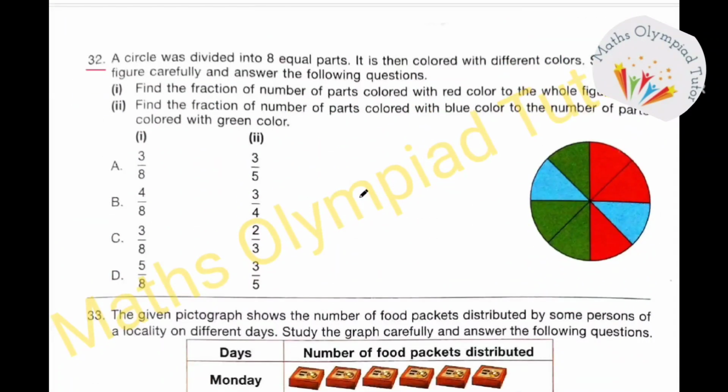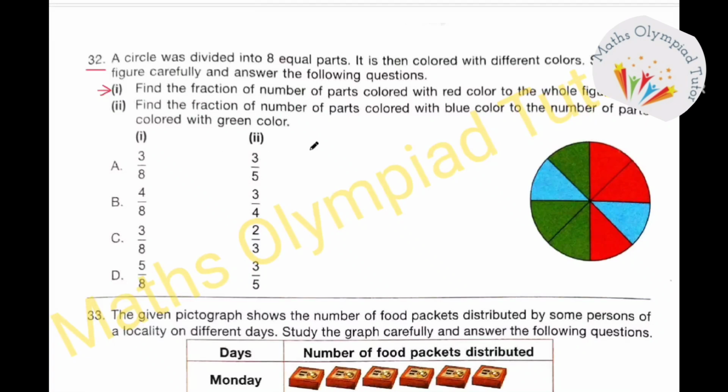Question 32 is again a fraction question. There is a circle which is divided into 8 equal parts. It is then colored with different colors. We have to study it and answer the questions. The first part says, find the fraction of the number of parts colored with red color to the whole figure.